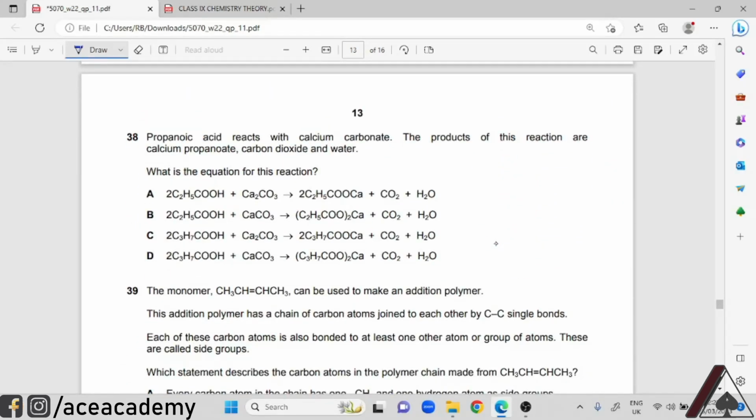Propanoic acid reacts with calcium carbonate. The products of this reaction are calcium propanoate and carbon dioxide and water. This is basically an acid and a carbonate reaction. Acid plus carbonate. What is the equation for this reaction?